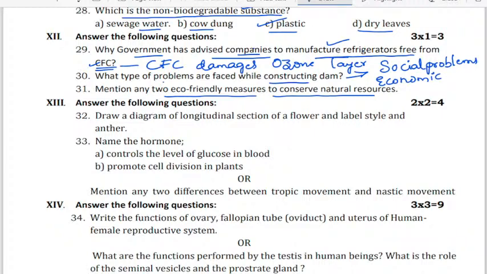How can you conserve natural resources, children? Tell me. I'm asking you. Okay. So some are telling using paper bags instead of plastic bags, vermiculture and bee rearing, recycle and reuse.